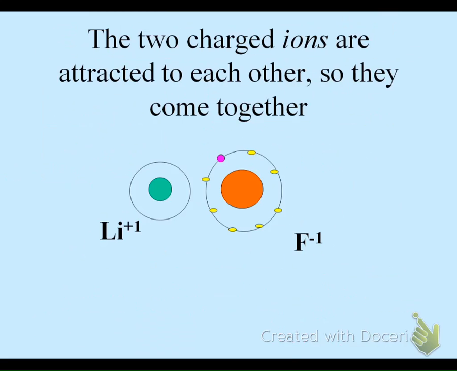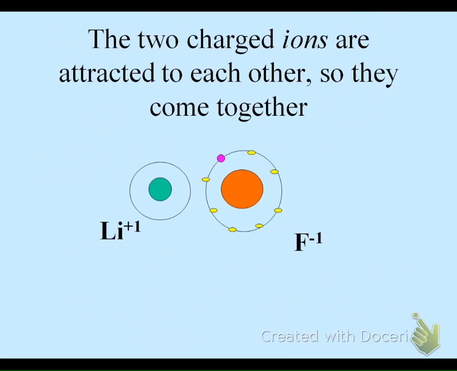They'll come close, and where they stop depends on where the nuclei of each ion repel. So you're having a pulling together between positive and negative attraction, and a pushing apart by positive-positive repulsion between the 2 nuclei of these ions. And they will stop at the point where those 2 roughly cancel each other out.